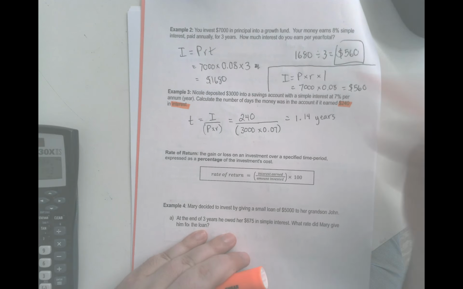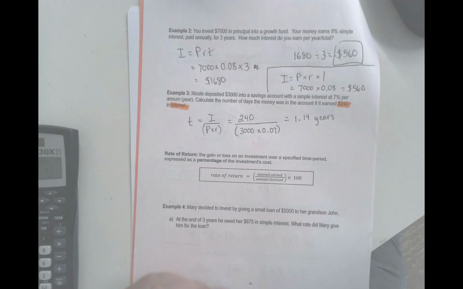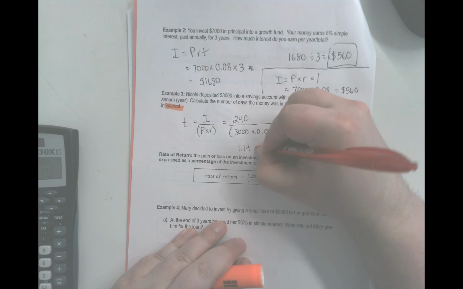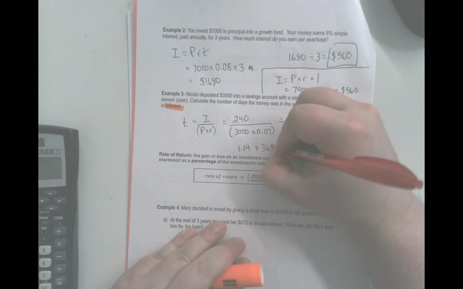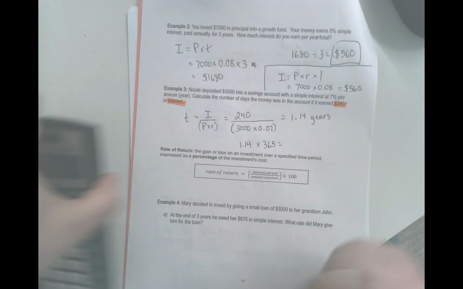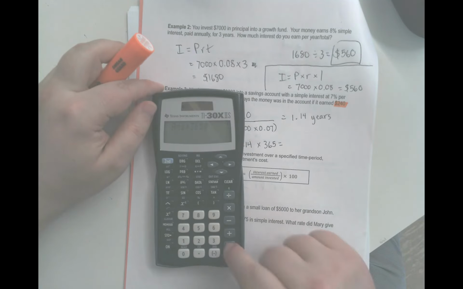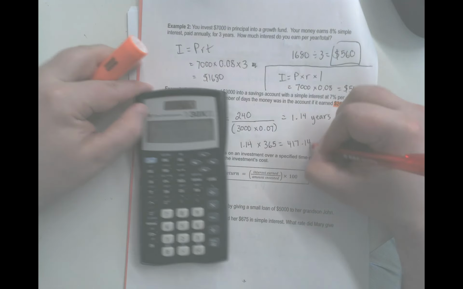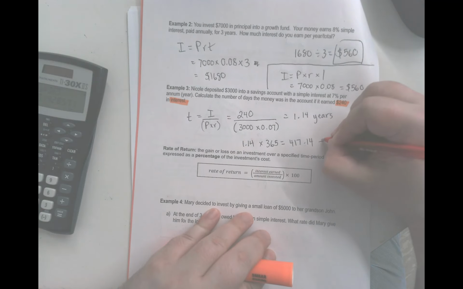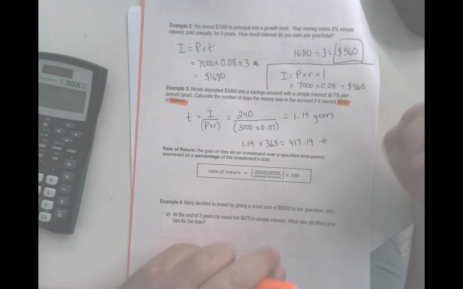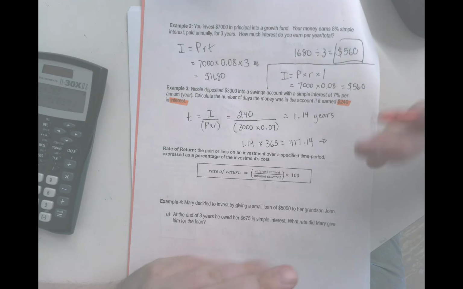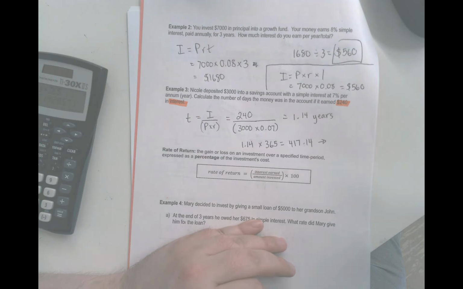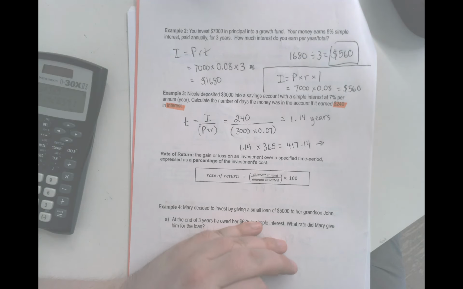But keep in mind, when we do the calculation in time, this is years. The question is asking us how many days. So there are 365 days in a year. We have to take our answer and multiply it by 365. And we get a total of 417.14, which you can round because even though interest is, it's like it's not calculated continuously, I guess is what I'm trying to say.